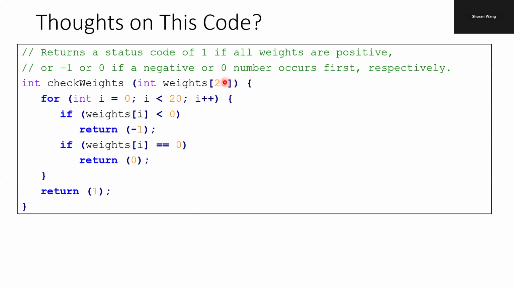The size is 20. When it sees something that's less than 0, it returns -1 and exits. When it sees something that's 0, it returns 0 and exits. If there are no negatives or no zeros, it returns 1. So it returns 1 when all of the weights array are positive numbers.